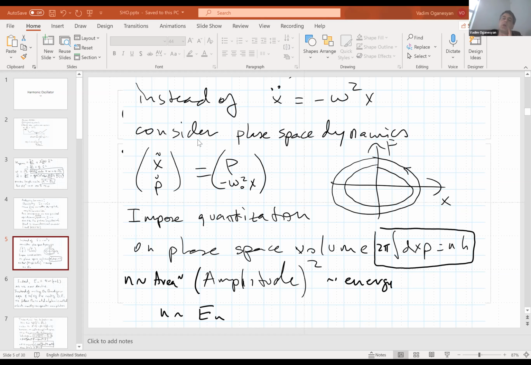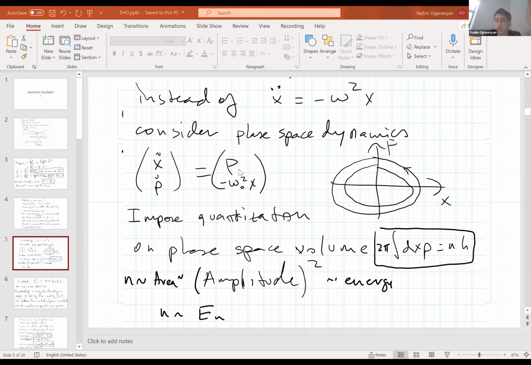There's no mystery. But to think about quantum mechanics, it turns out it's better to think in phase space. So instead of dealing with a second order in time differential equation, you look at a first order in time differential system, and you do this by paying the price of reintroducing momentum into the problem. So X and P follow this simple two-dimensional differential system where X dot is equal to P, because X dot is the velocity.